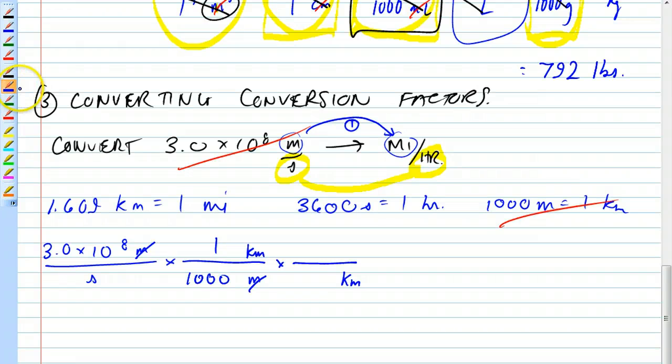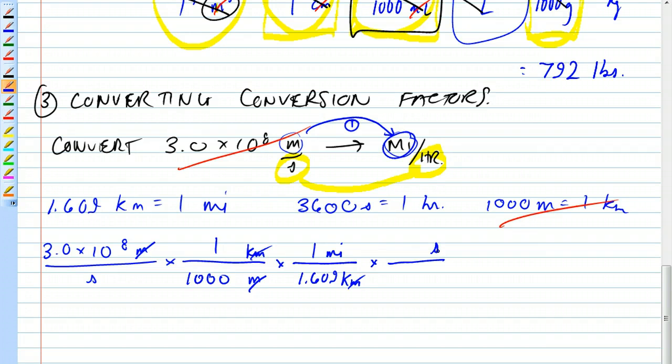So now I've got kilometers, and I have 1.609 kilometers and 1 mile in the numerator. And I have now taken care of my numerator. Now I've got miles in the numerator. So I'm done with that. I'm now going to take on the denominator. So I'm going to put seconds up here. You see that?